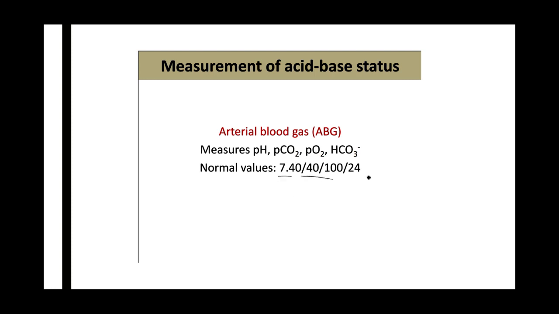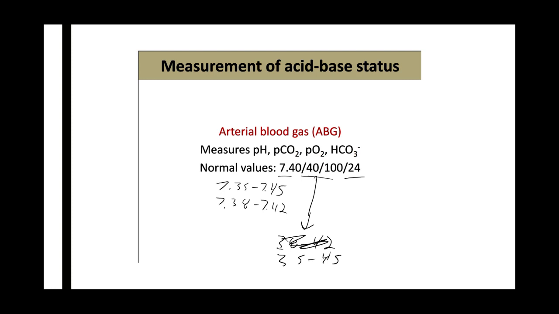And this is a quick and easy way of remembering the normal values, but the ranges are good to be aware of too. Okay, so normal pH range can be like 7.35 to 7.45. You may see a tighter range like 7.38 to 7.42. The PCO2 normal range, I'm just going off of memory, I think it's 35 to 45.